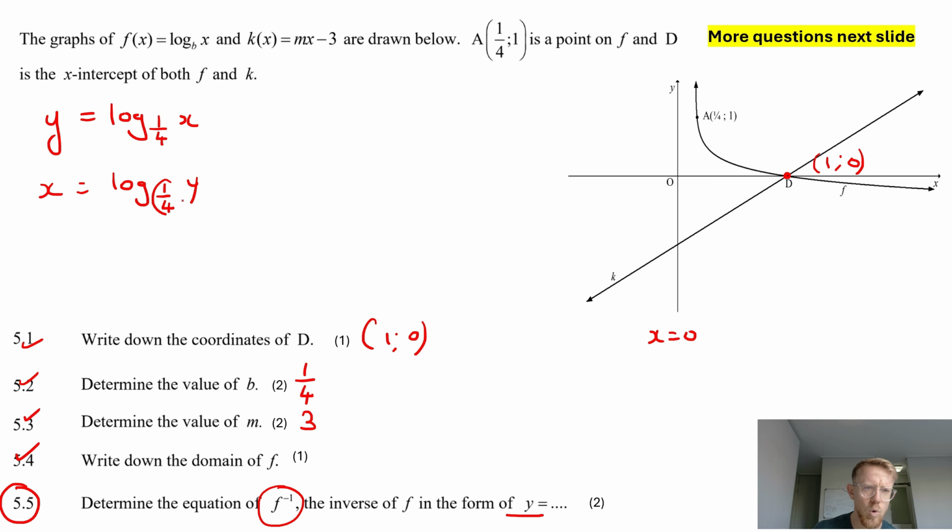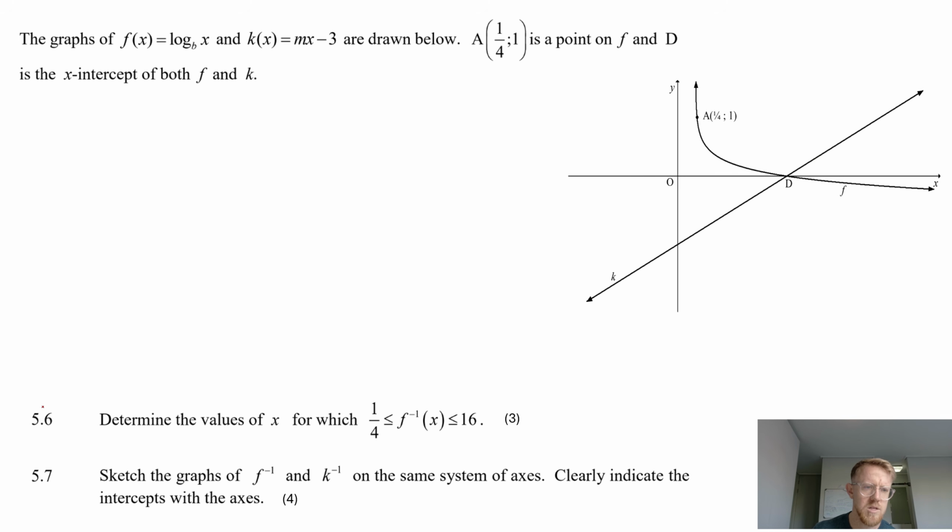So here we've got the quarter currently with the y. All we're going to do is write the quarter with the x. So we're just going to have a quarter as the base with the x. And there we go. We can just say here that y is equal to a quarter to the x.